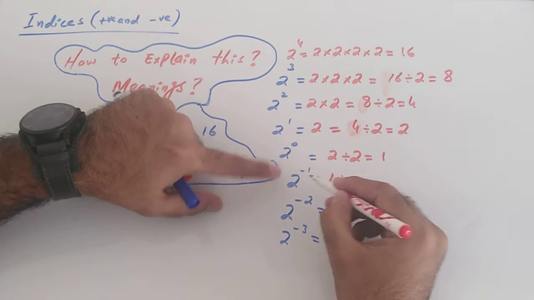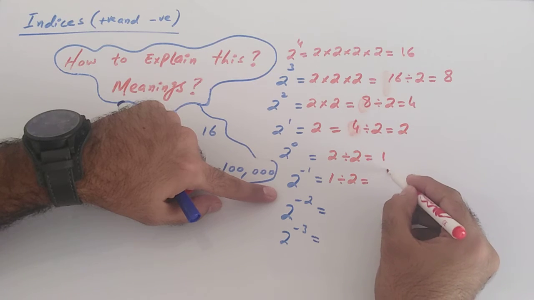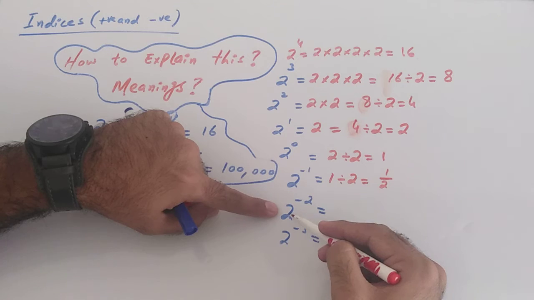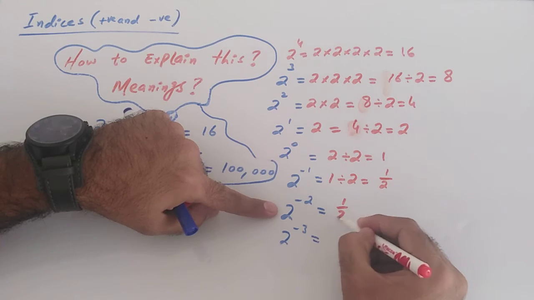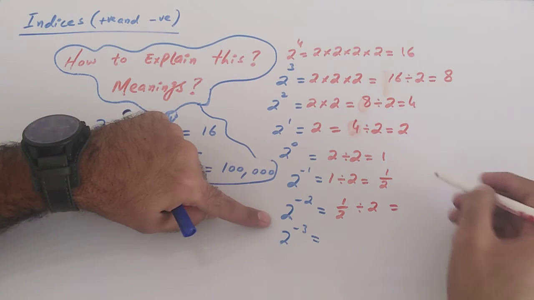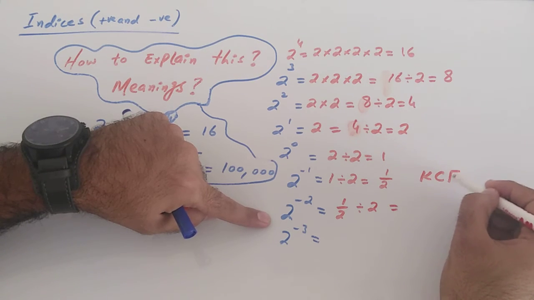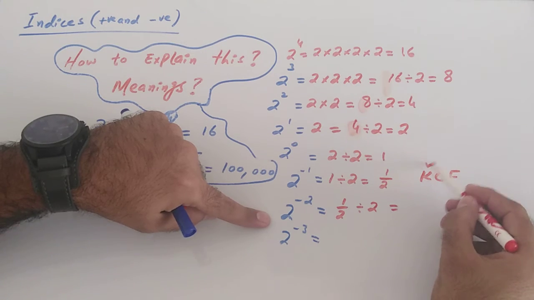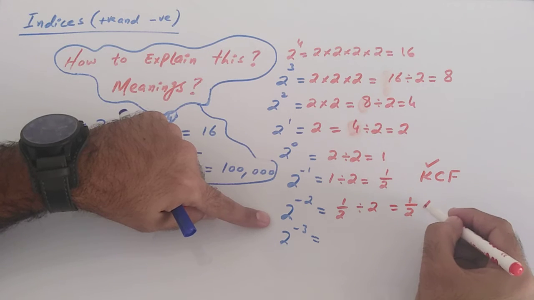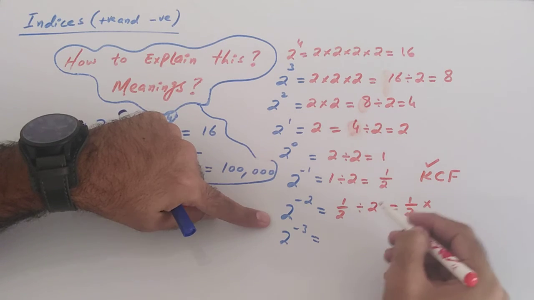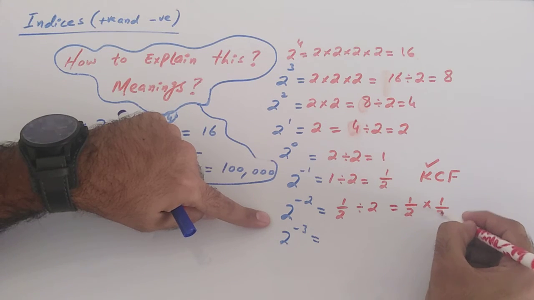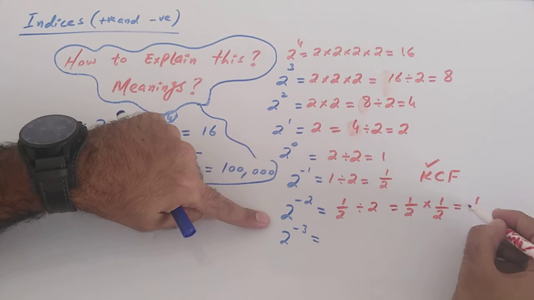If you divide that by 2 again, you get 1 over 2. The previous answer is 1 over 2, and if you divide that by 2 again, remember the KCF method of dividing fractions: keep the first fraction, change the symbol to times, and flip the second. 2 flipped is 1 over 2, and if you multiply them, it will be 1/4.